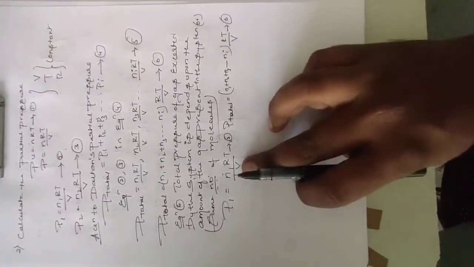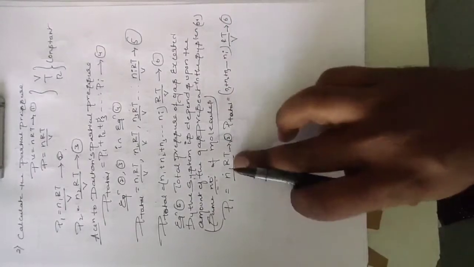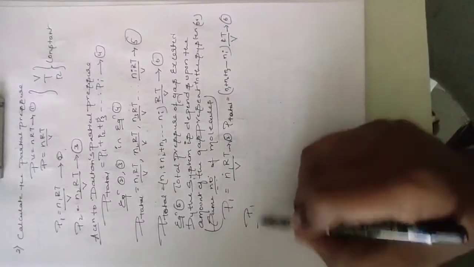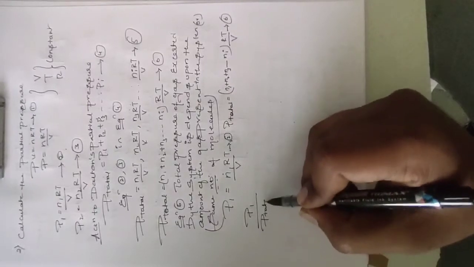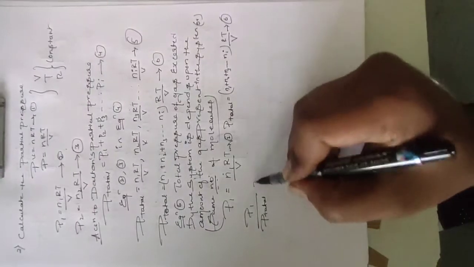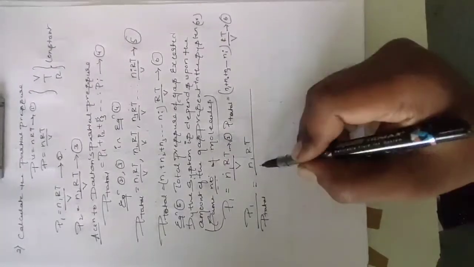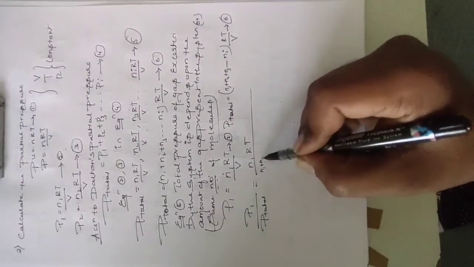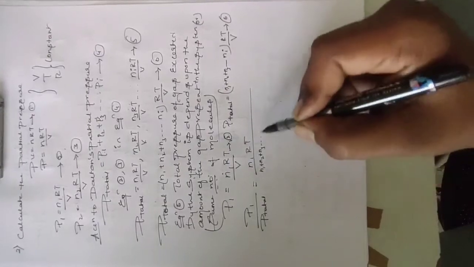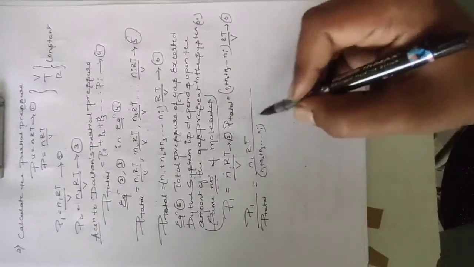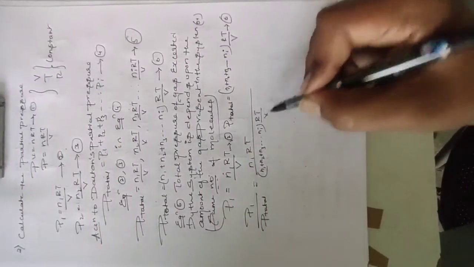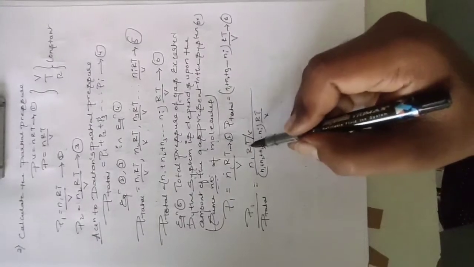Okay, if you divide equation number 2 by equation number 6, P1 divided by P total, the total pressure, equals N1 RT by V divided by N1 plus N2 plus N3 and so on Ni, times RT by V. You see here what happens, RT by V and RT by V cancel.